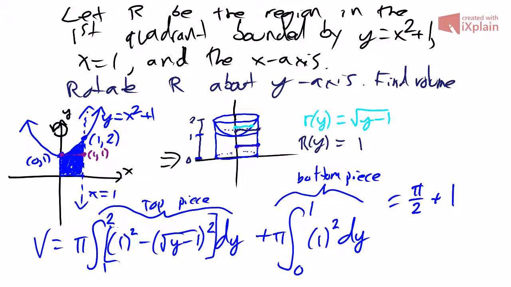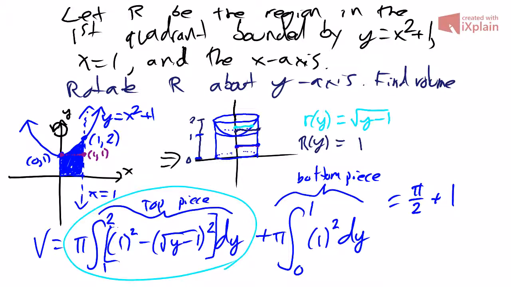Okay, so again, we need to use 2 different integrals here because the radius changes, right? If you did this integral here from 0 to 2, you're going to get a different answer. And that's because the little radius, that function only tells what the little radius is from the top piece from 1 to 2.